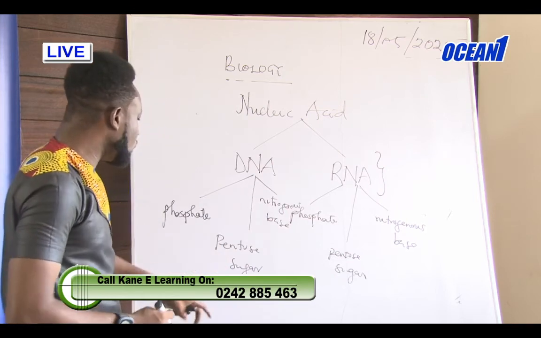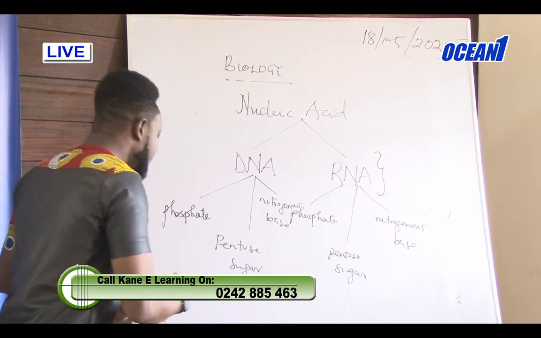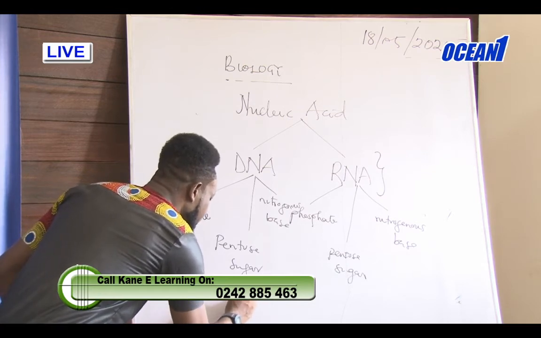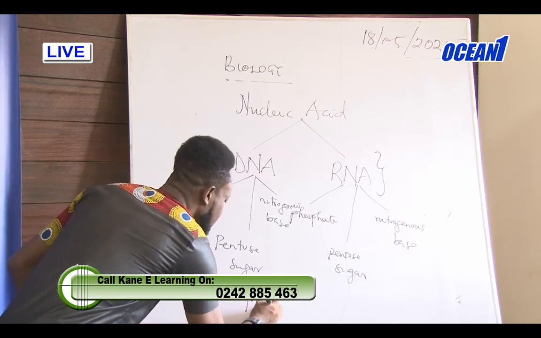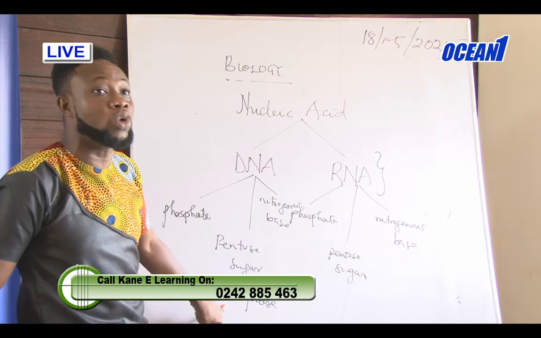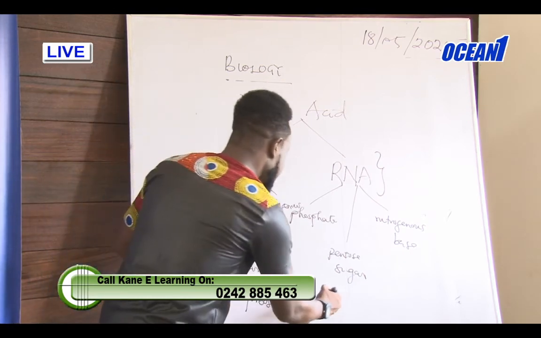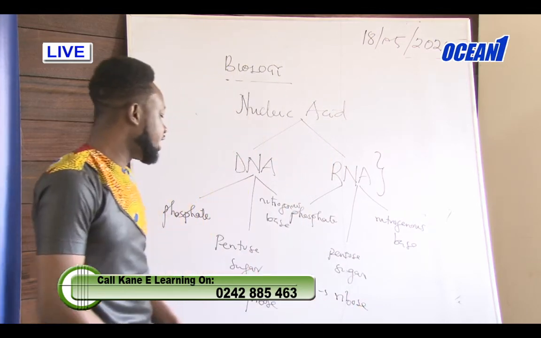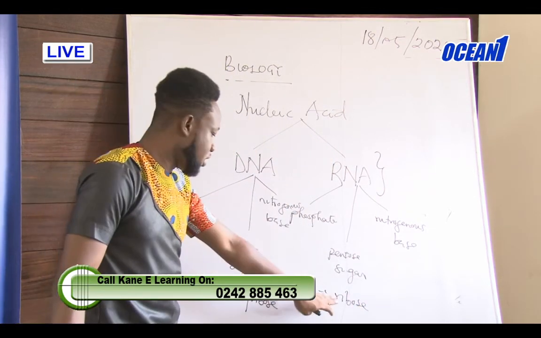Now, we said that when you come to the DNA, the pentose sugar is known as deoxyribose because the sugar has lost one oxygen. And over here, the pentose sugar is ribose because all the oxygen are intact.